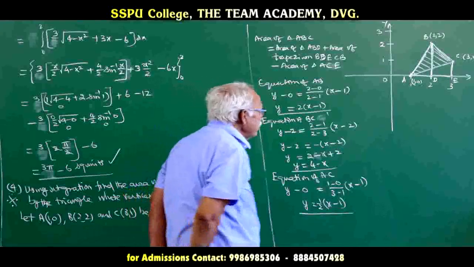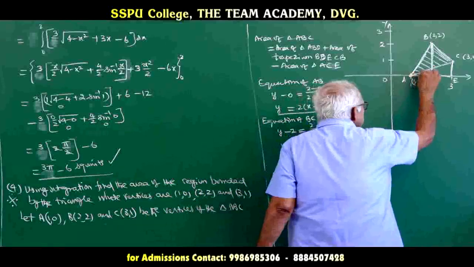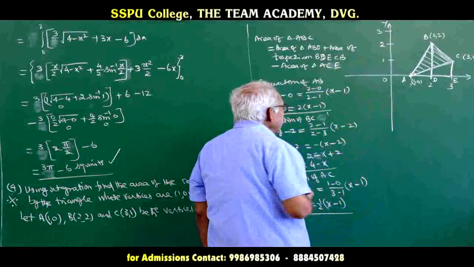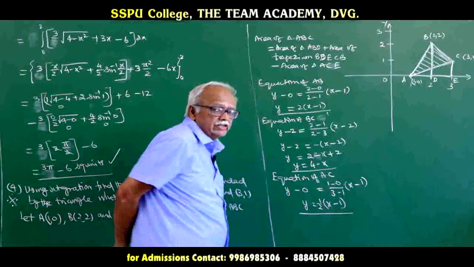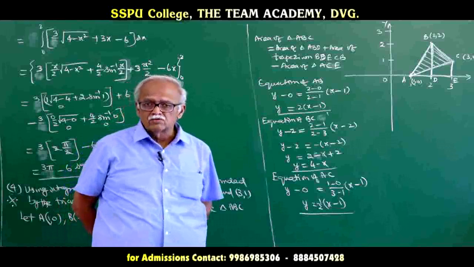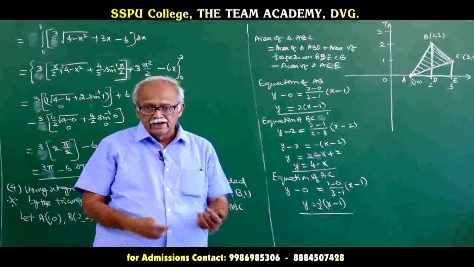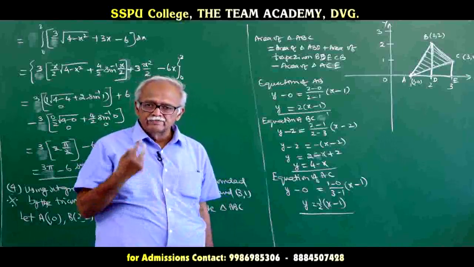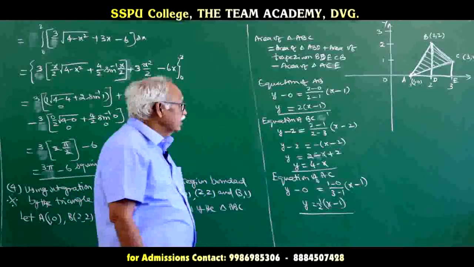So, we have taken more area. So, we have to subtract this area, that is the area of the triangle ACE. Now, for this we need equations of the curves. Equation of the curve in this case, they are all straight lines. So, equation of the straight line. To find the equation of the straight line, we have got 2 points. What are the points here?